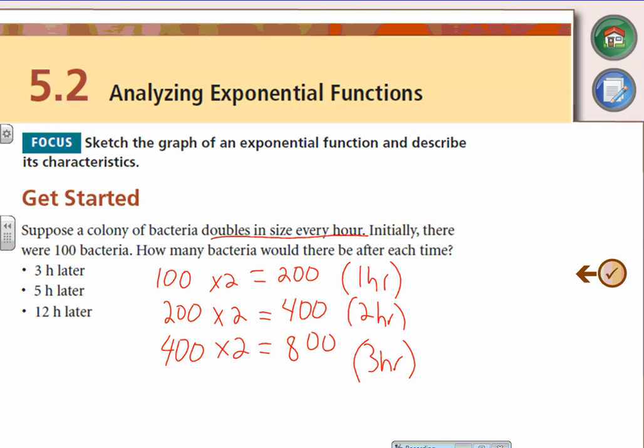Oh, it sure would be nice to not have to go through every step to get to our answer. So let's look at what's happening here. If we start with the 100, after the first hour we're multiplying by 2. Then after our second hour, we're taking 100 and multiplying it by 2 and multiplying it by 2 again.